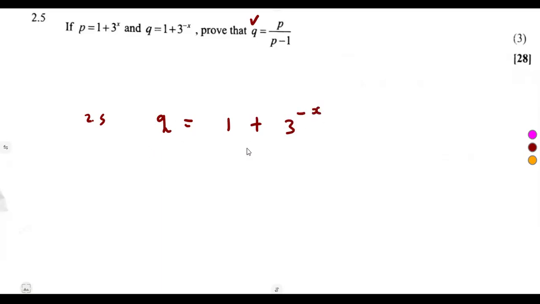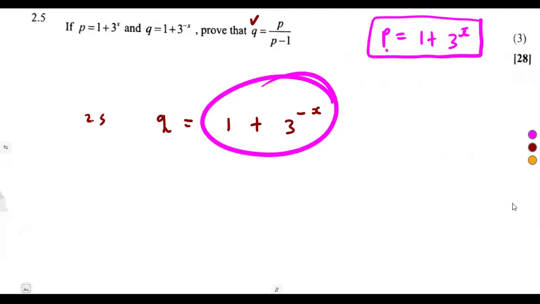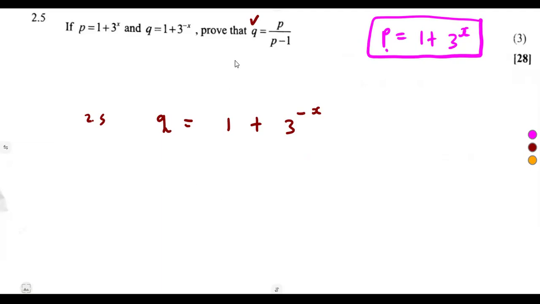This is our Q. So P is given as what? P is given as 1 plus 3 to the exponent of x. So it simply means wherever we see this 1 plus 3 to the exponent of x, we just put a P. We do not see it here. What can we do? Let's simplify, because Q is equal to. So we are supposed to have it from Q.